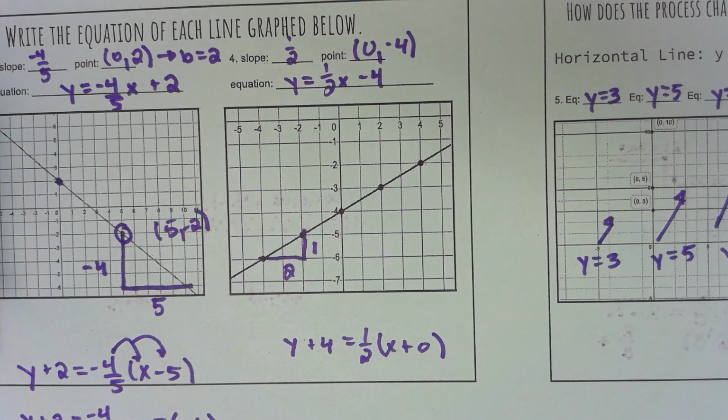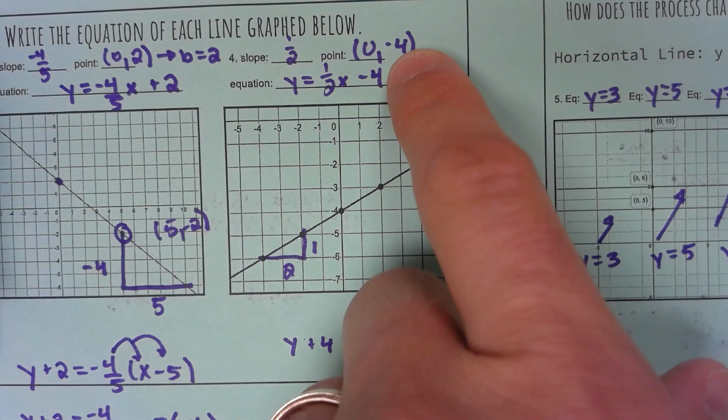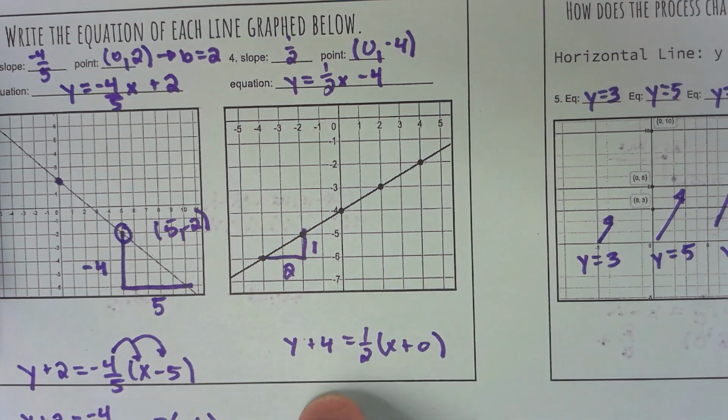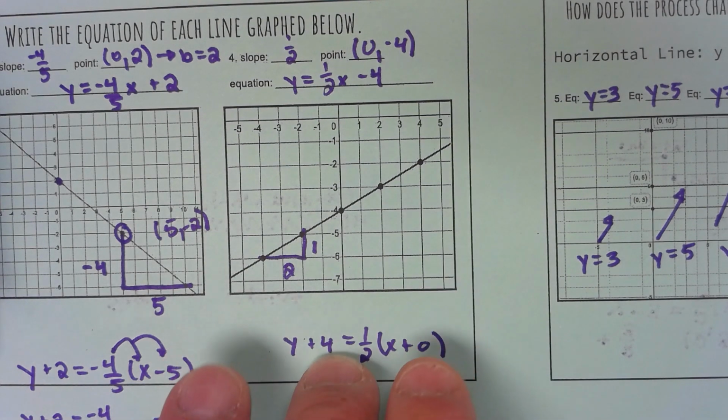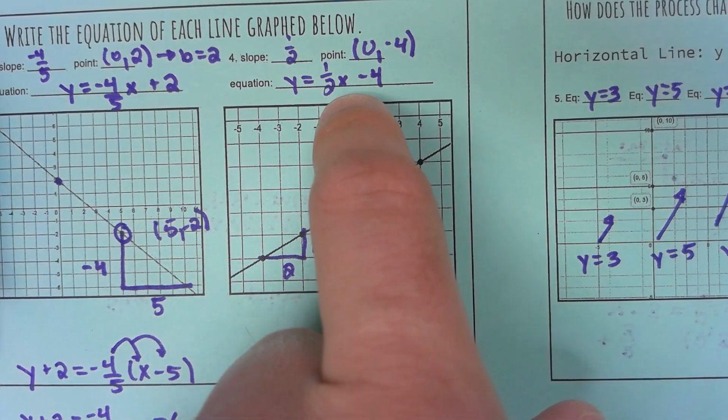Now, one student that I had asked a question like, what if I took that y-intercept of (0, -4) and I wrote it in point slope form? That's absolutely okay. Where the y-coordinate is -4, x-coordinate is 0, this absolutely works. And once again, this is the same line, same equation as what I wrote in slope-intercept form.